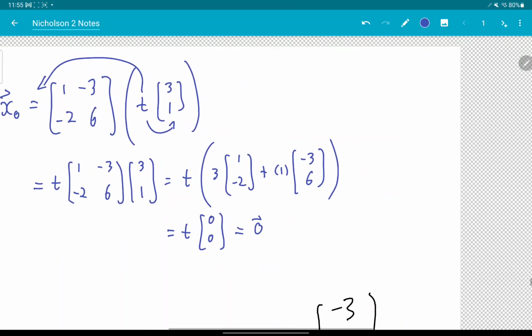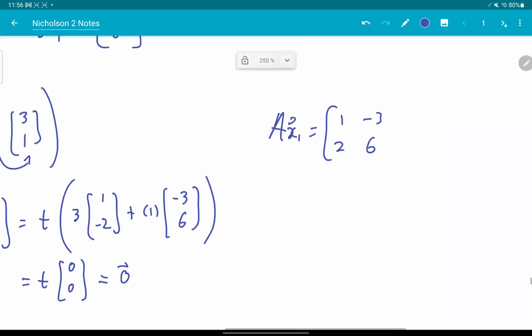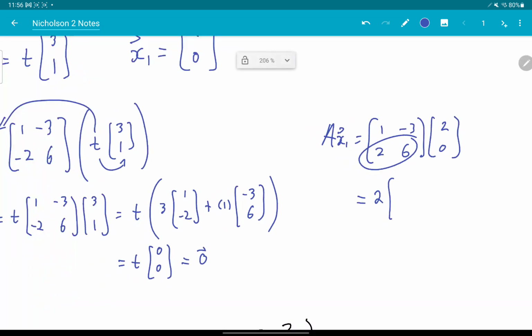Now Ax1 is this guy times (2, 0). So I get 2 times, something's gone wrong here. Negative 2.